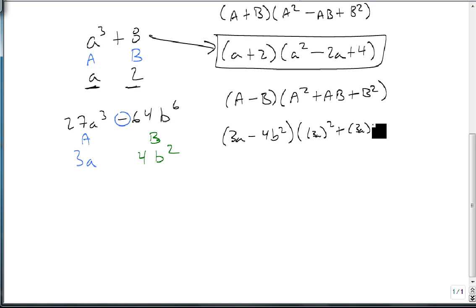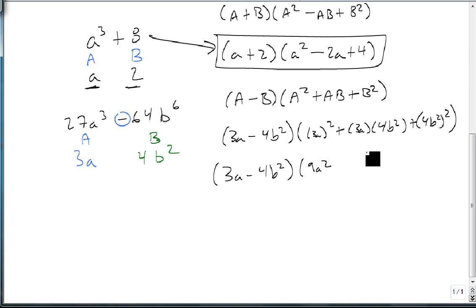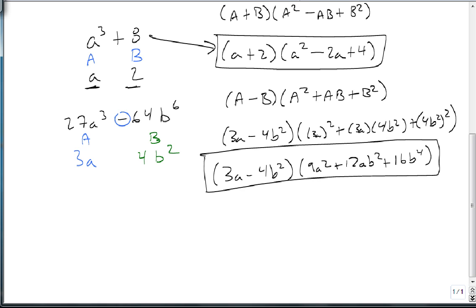Then I multiply the 3a by the 4b², and then finally I end with (4b²) squared. This ultimately gives me (3a − 4b²)(9a² + 12ab² + 16b⁴). This right here is my final answer, the factored form of that.